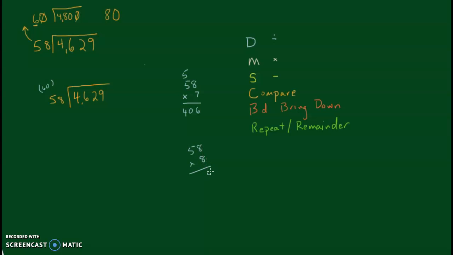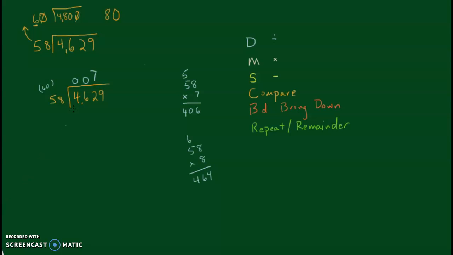So 8 times 8 is 64. 5 times 8 is 40, plus 6 is 46. Ooh, that will not work. So it is a 7. So I can't get any 58s from 4. I can't get any 58s from 46. But I can get 7 58s from 462. So that's my dividing process.